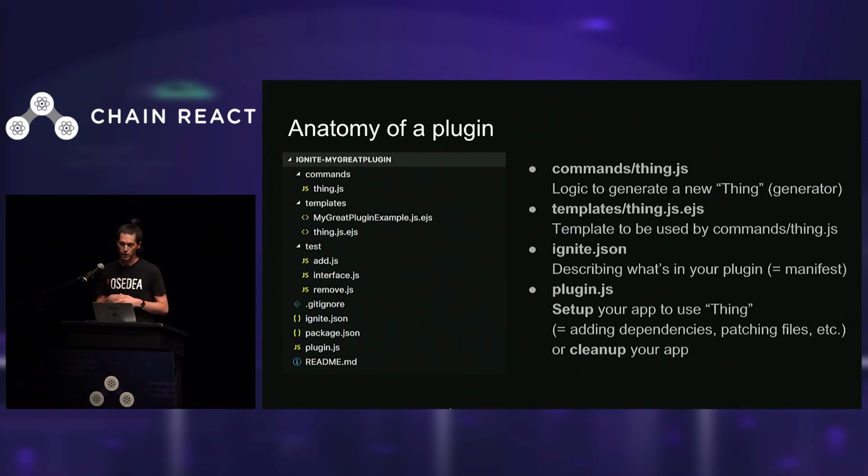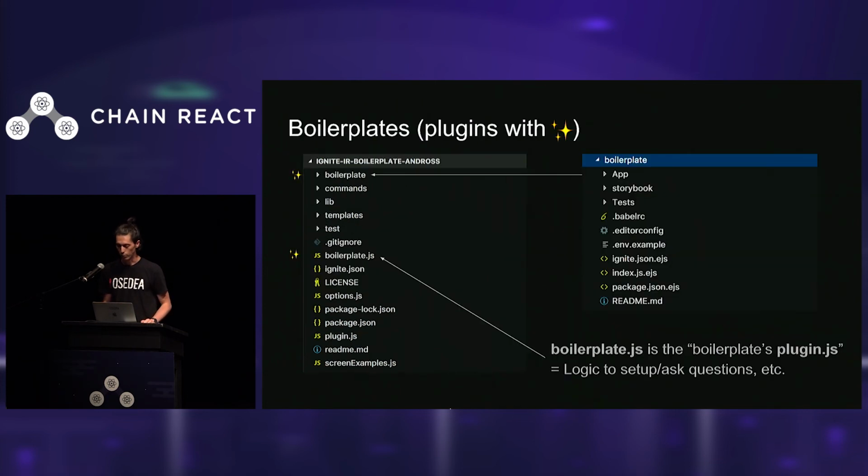And the plugin.js is the part that's going to do the setup of your React Native app for using the plugin. So for using the thing that we're adding here. That's the one that's going to do adding dependencies, patching files, etc., or clean up your app if you remove it. Boilerplates are just plugins, but with extra stuff. There's a boilerplate folder.